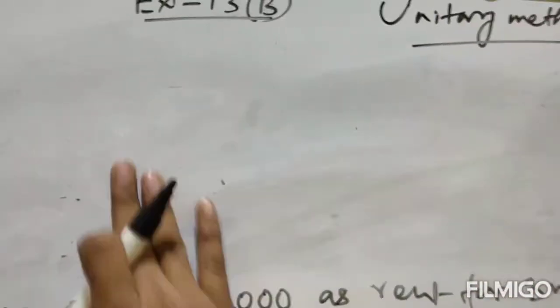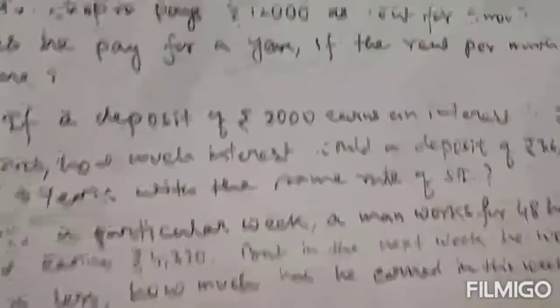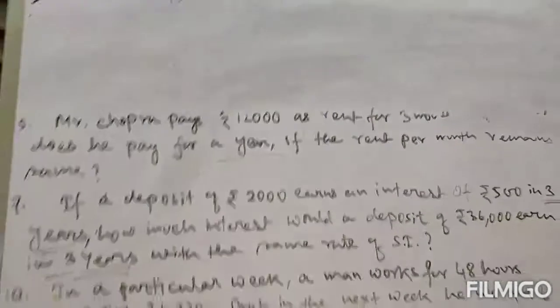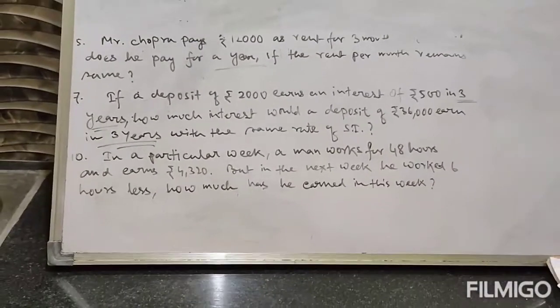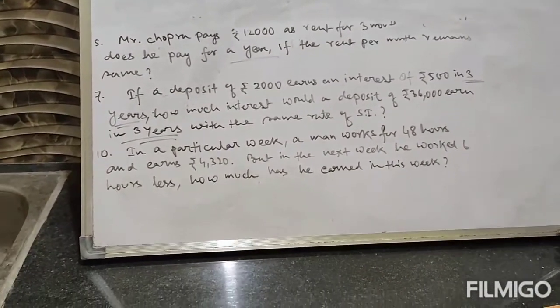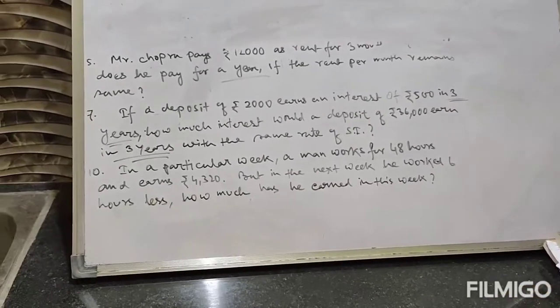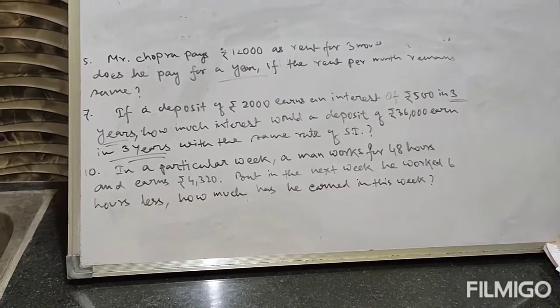Next question, last question, question number 10. Question number 10 says, in a particular week a man works for 48 hours and earns rupees 4320, but in the next week he worked 6 hours less.